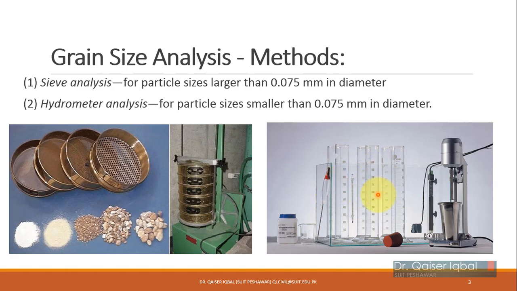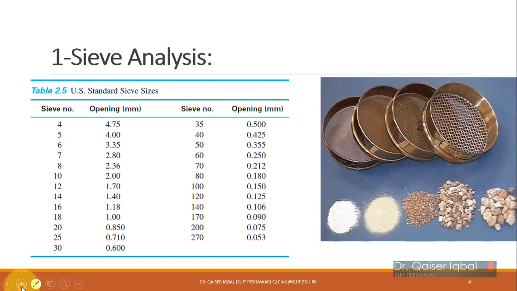According to Stokes' law the particles settle and sediment, so the specific gravity of the solution changes, and that indicates the particle sizes indirectly. This is usually used for the smaller particle sizes, as I discussed. So the equipment setup is given on the right for the hydrometer analysis and on the left for sieve analysis.